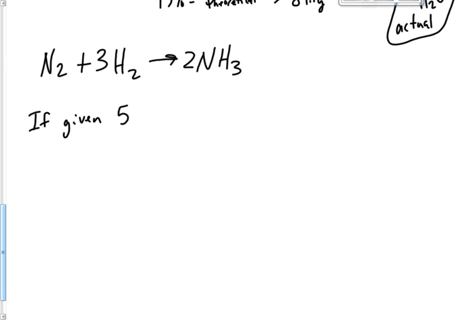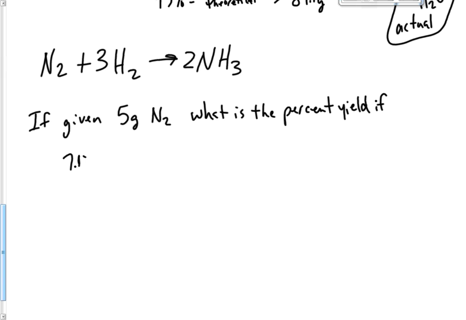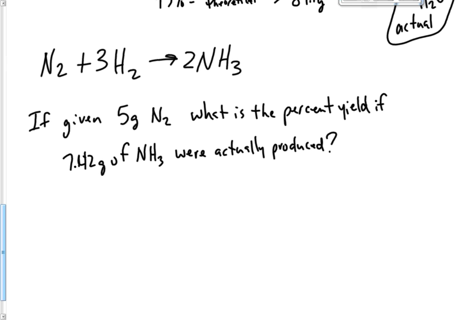Okay, so the question here is, if given 5 grams of N2, so 5 grams of nitrogen, what is the percent yield if 7.42 grams of ammonia, NH3, were actually produced?